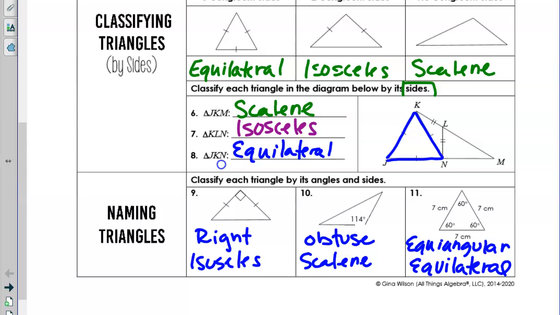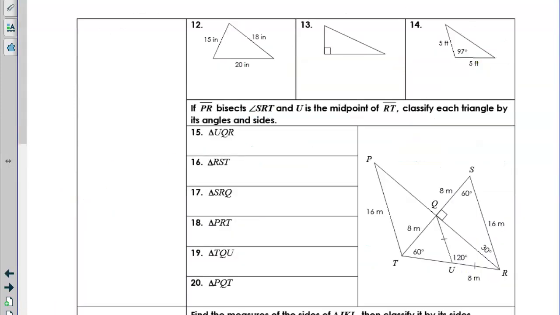All right, on your own try 12 through 14. On the next page, on your own. All right, number 13, what do we have? Right scalene. Right scalene, very good. How about number 14? Obtuse isosceles.